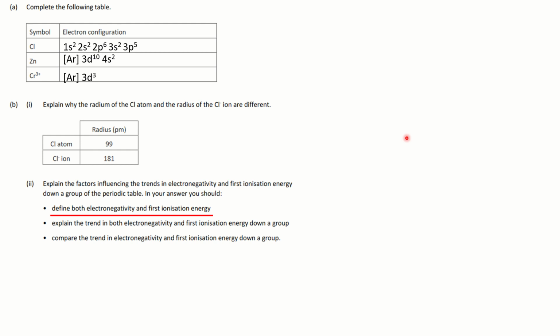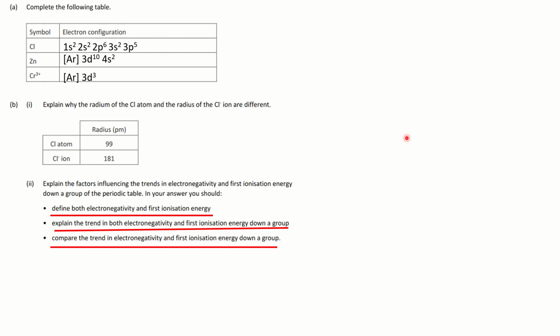So probably close to your definition of electronegativity, I would explain why it trends the way that it does within a group. And then same for first ionization energy. And then, once you've defined and explained, compare them. When something says compare, they want to know whether that is doing the same thing or a different thing, and what relationship they have to each other. You should be using words like therefore, or so, or because, that sort of thing.